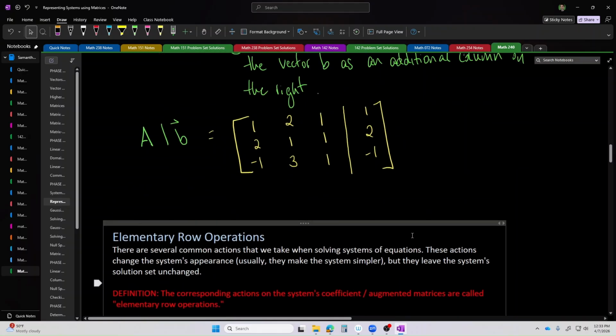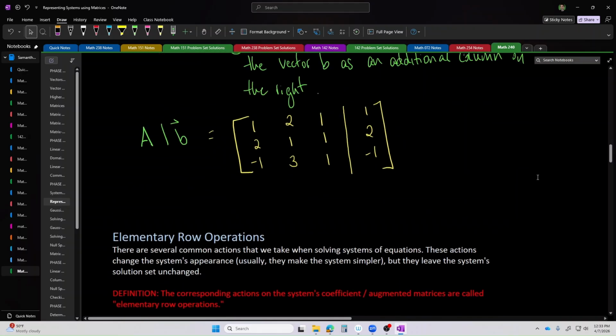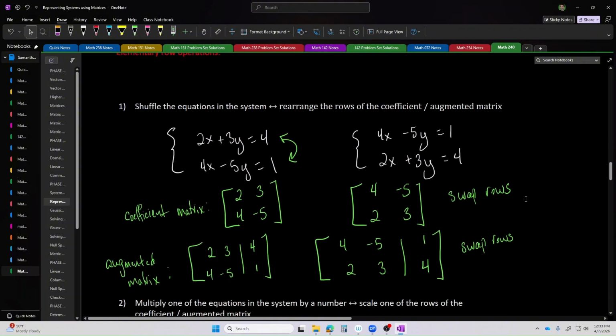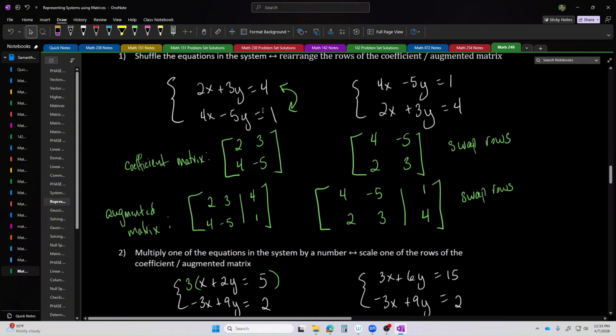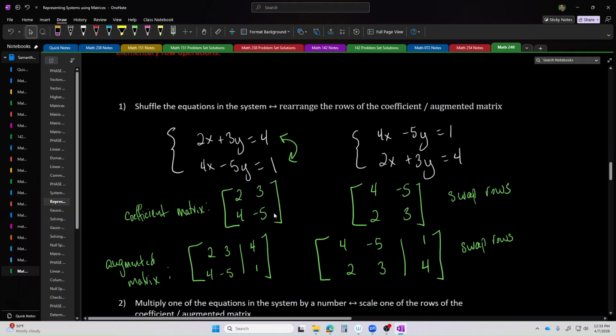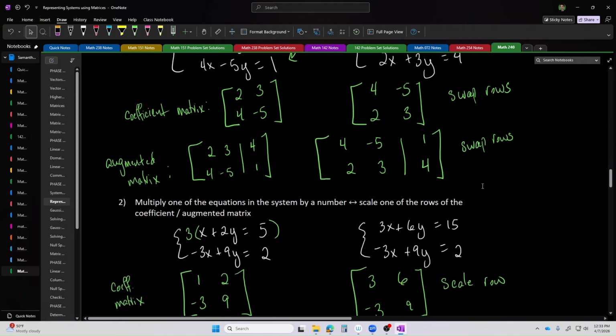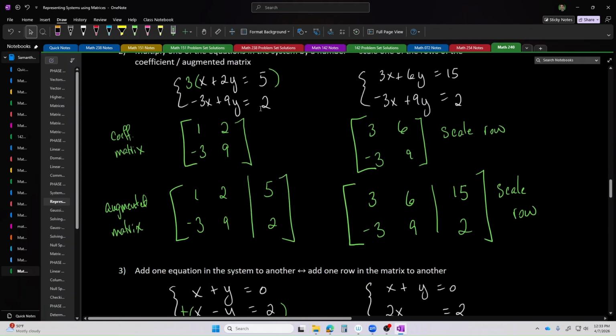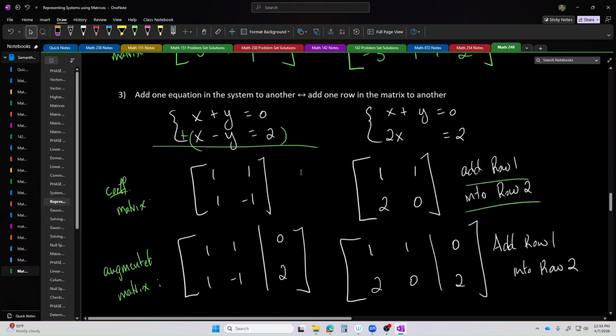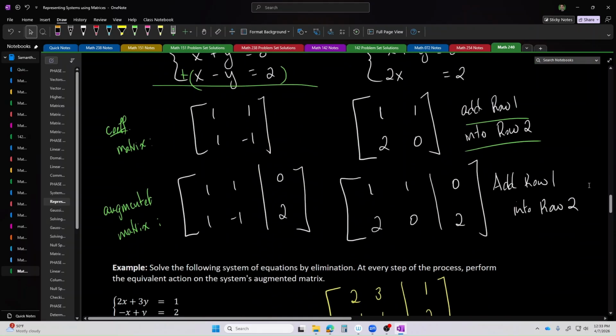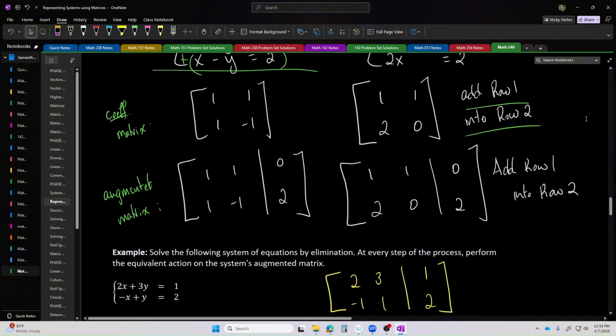And if we have our system that's being represented using an augmented matrix like this one, all of the actions that we perform on the system have a corresponding action on the augmented matrix. For example, swapping the equations corresponds to swapping the rows, scaling the equations corresponds to scaling the rows, and adding the equations together corresponds to adding the rows together.